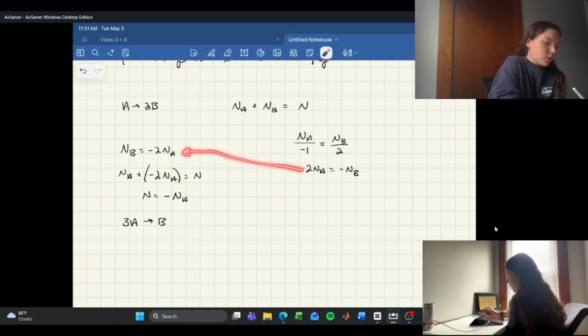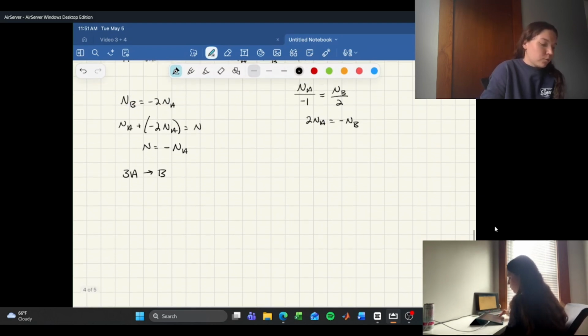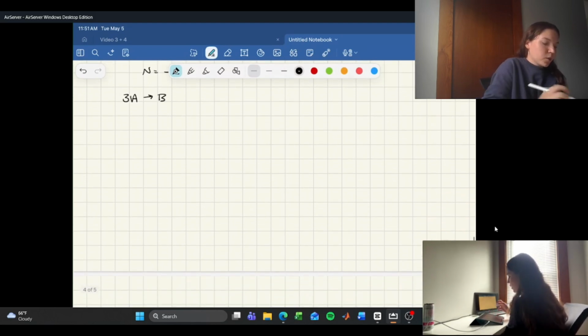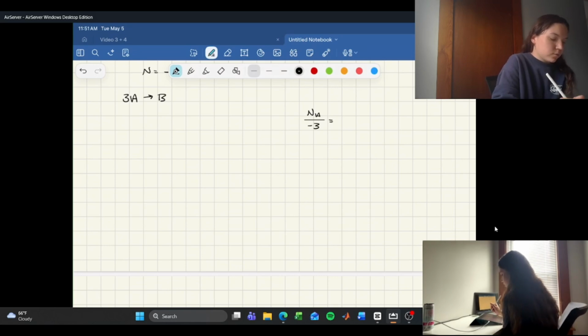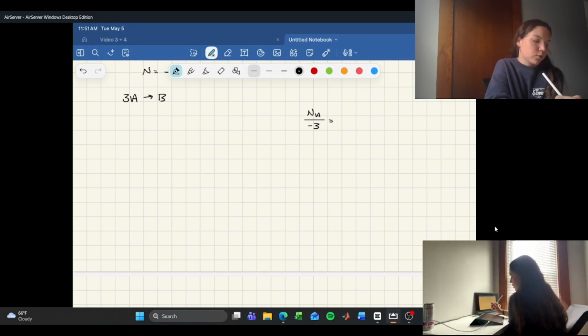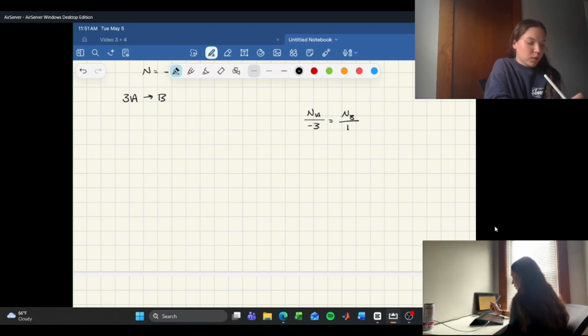which is the same as what we got here. So using the same ratio idea, like the molar flux ratio, we're going to have molar flux of A over, this time it's going to be negative 3, because there's 3 moles in the reactant side. And it's going to be equal to the molar flux of B over 1, because there's only 1 mole of B in the product side.